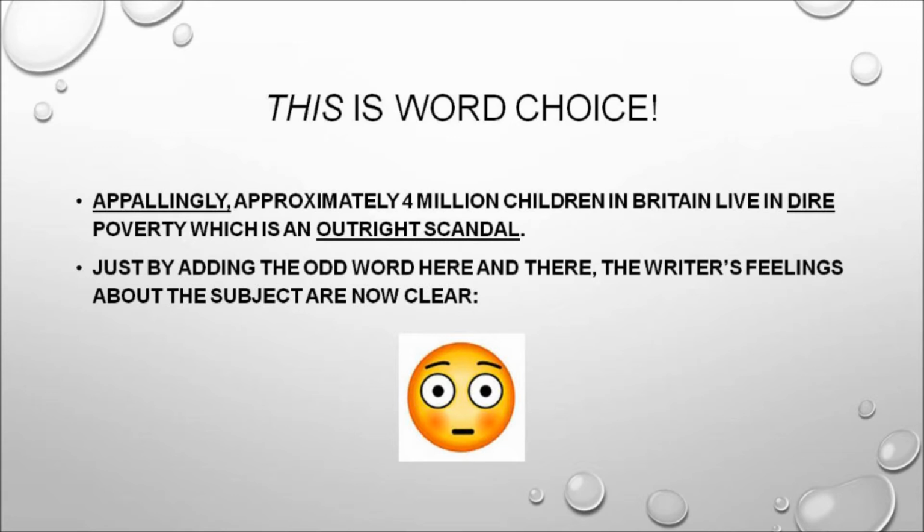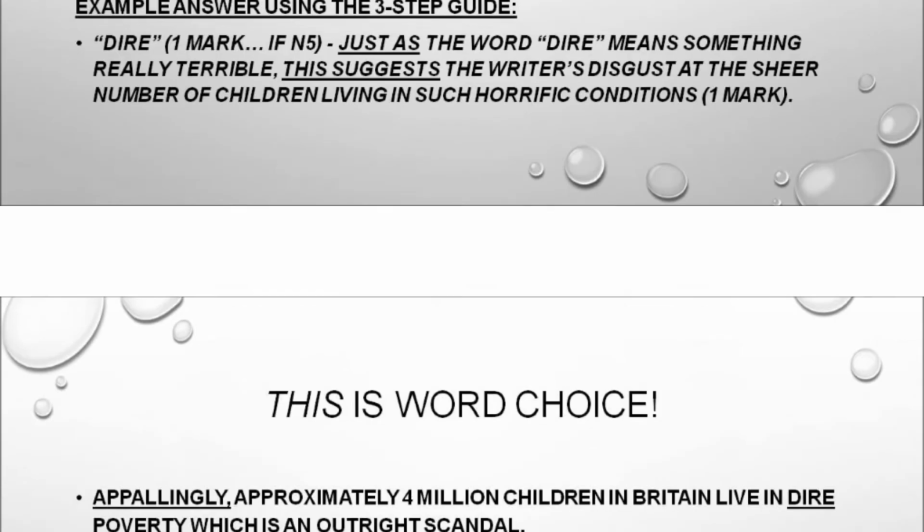If we change it to this, appallingly, approximately 4 million children in Britain live in dire poverty, which is an outright scandal. So just by adding those few drop words here and there, it is completely clear now how the writer feels about that particular statistic.